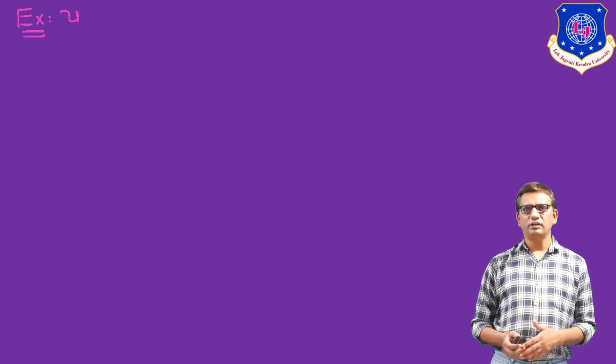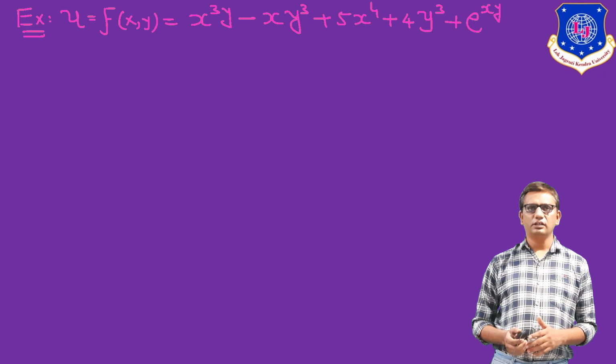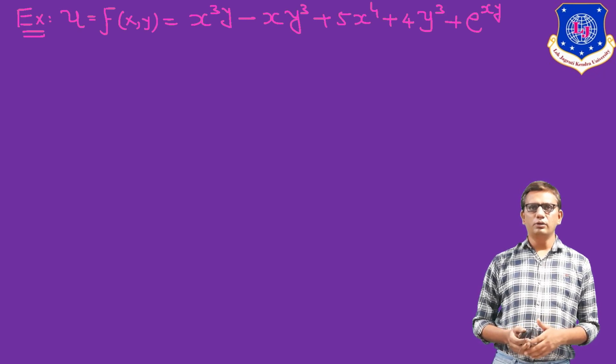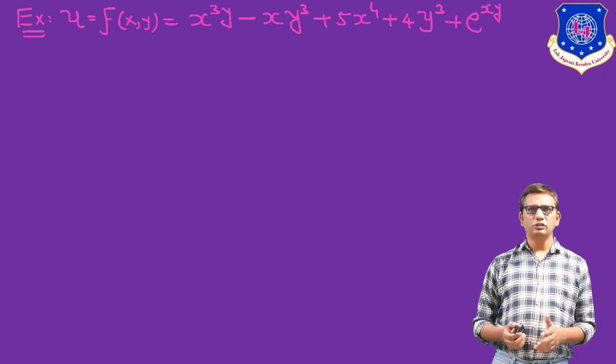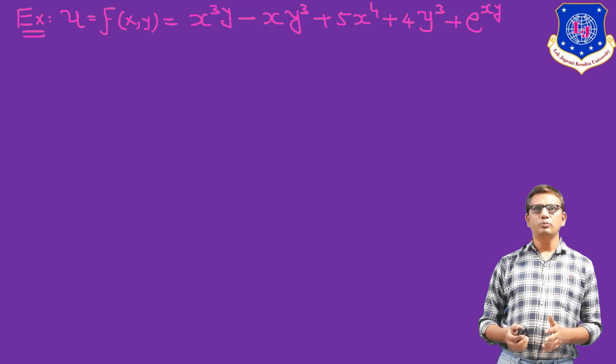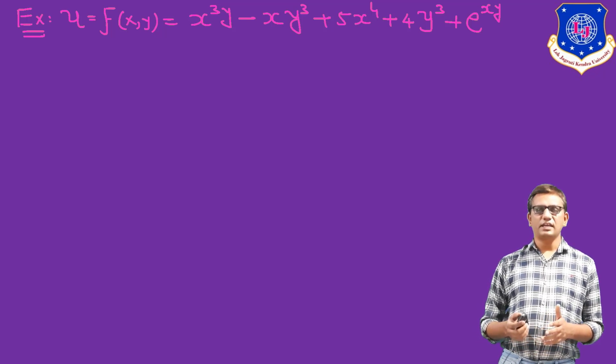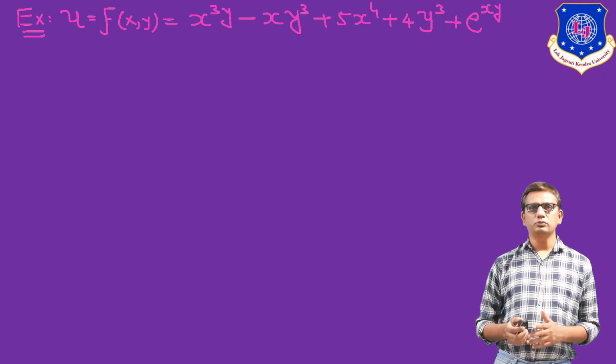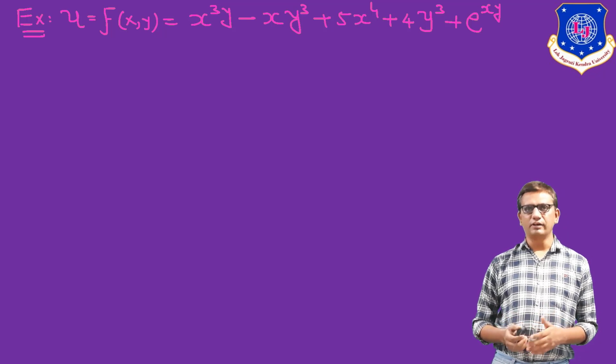Let us take one example for this. Here u equal to f of x, y be a function of two variables like x cube y minus x y cube plus 5x raised to 4 plus 4y cube plus e raised to xy. So that is a function of two variables x and y, and u is dependent on the two variables x and y.